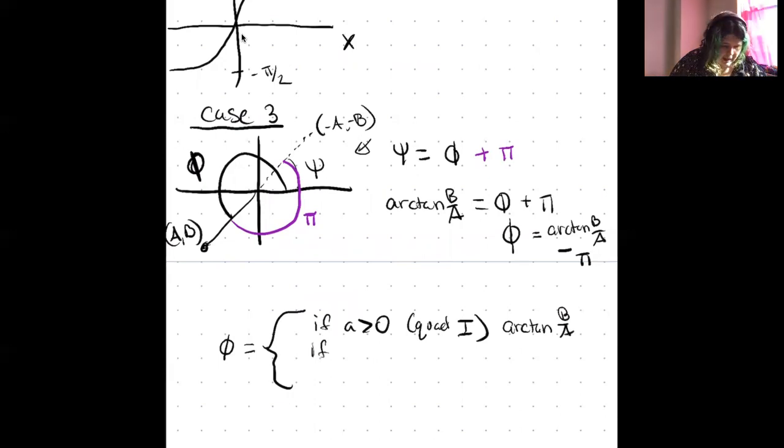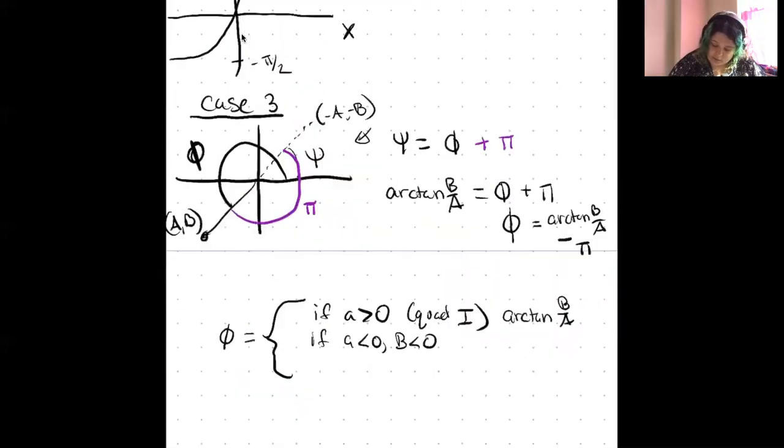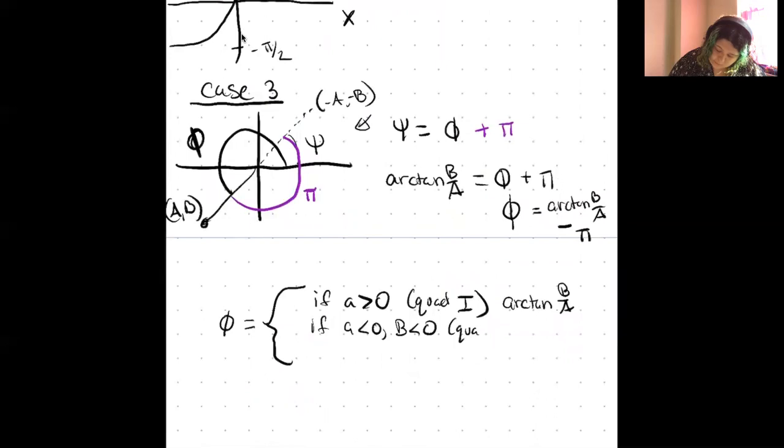If a is less than 0 and b is greater than 0, that was our second case, in quadrant 2, we have arctan b over a plus pi.